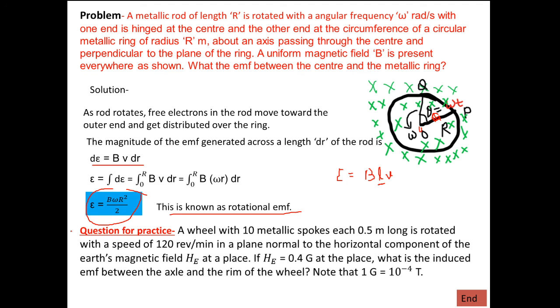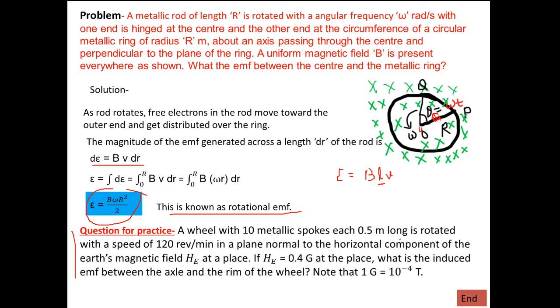Now, a question here for practice. Note this down. A wheel with 10 metallic spokes, each 0.5 meter long, is rotated with a speed of 120 revolutions per minute in a plane normal to the horizontal component of the Earth's magnetic field at that place.